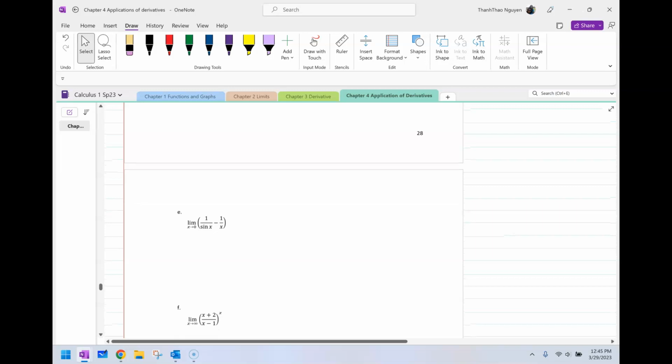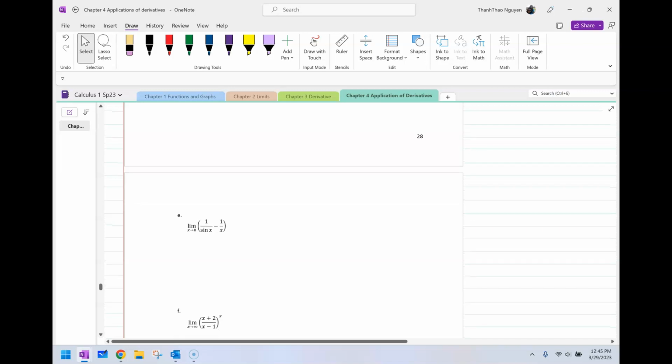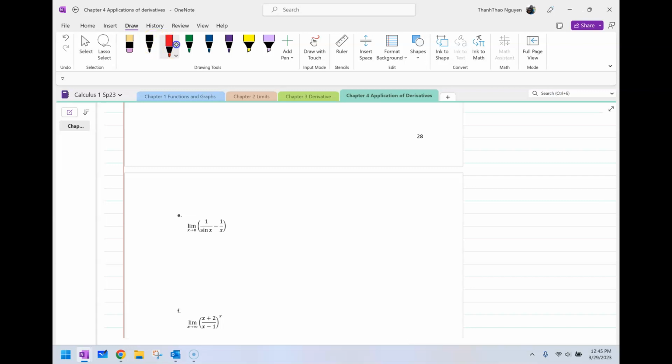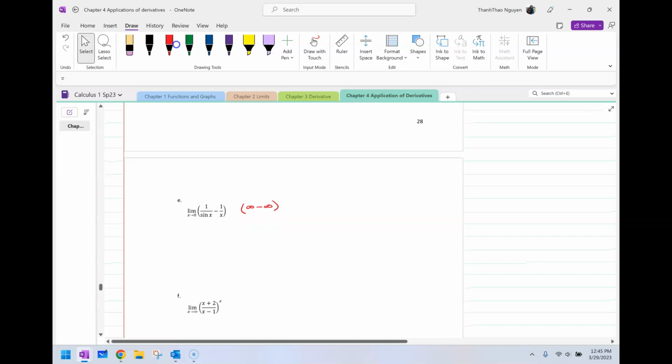Okay. So here as x approaches 0, we have the indeterminate form of infinity minus infinity. So we have to do some manipulation because our L'Hospital form only has to do with the quotient.